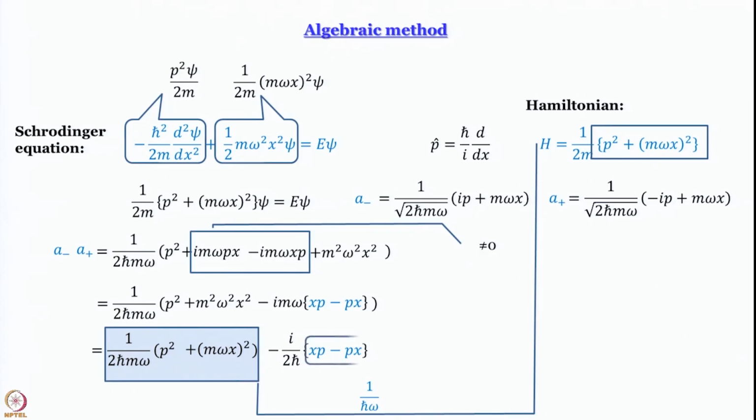Okay. Now, the second one x p minus p x, as I told you, is called the commutator, and in the language of quantum mechanics it is written as x comma p within third brackets. Okay. I mean, you can do it for any pair of operators, say operator A and operator B. A comma B in third brackets basically means AB minus BA.